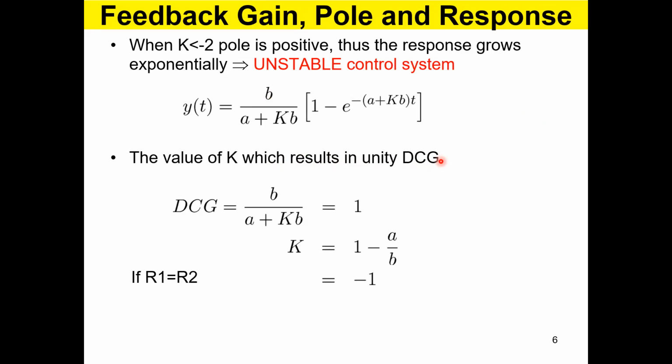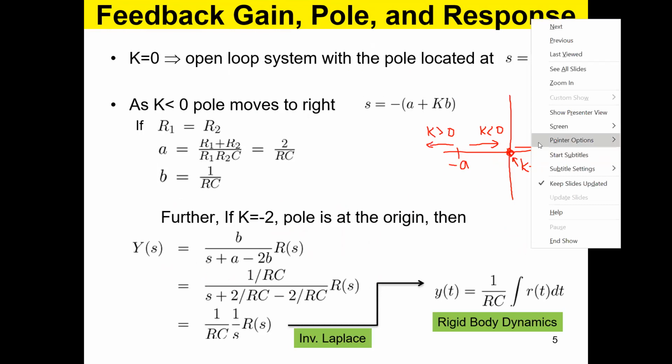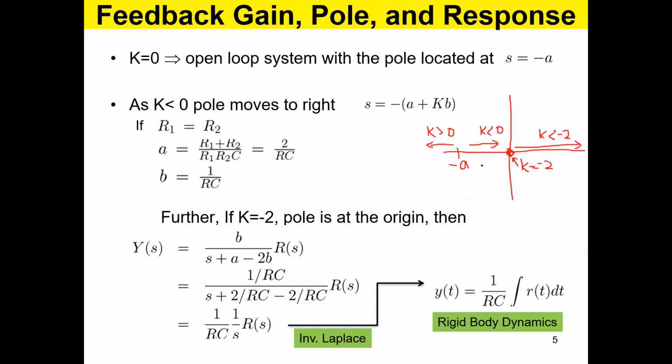So you write the equation for DC gain, that is b over a plus kb, set it to 1 and calculate k. So k will be -1. Of course, this is when R1 and R2 are equal. So -1 is somewhere here, k equals -1.